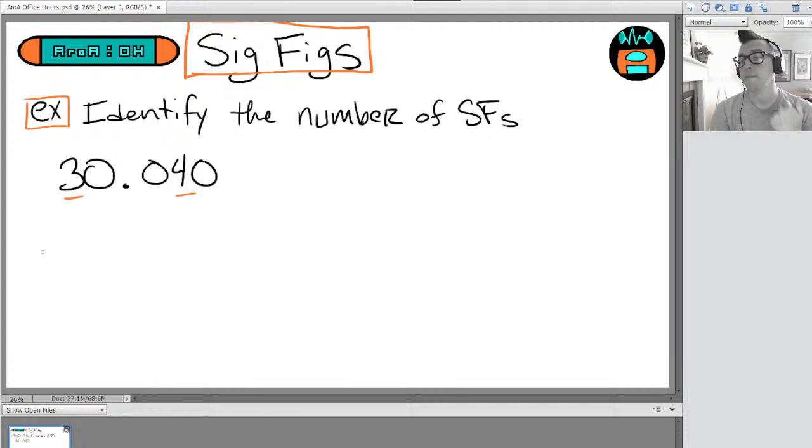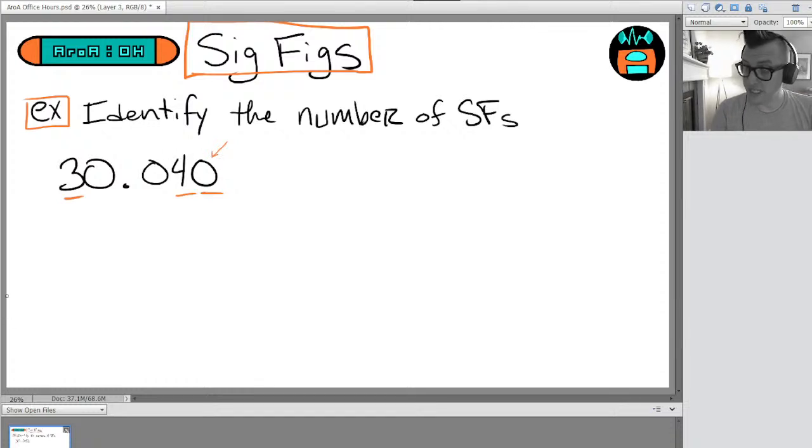The first is any zero that is both at the end of the number and to the right of the decimal is significant. And you can see that this 0 here is both at the end of the number and to the right of the decimal. That's this 0 right here. So that 0 is significant.